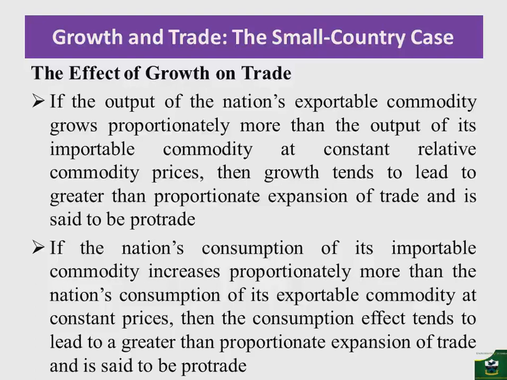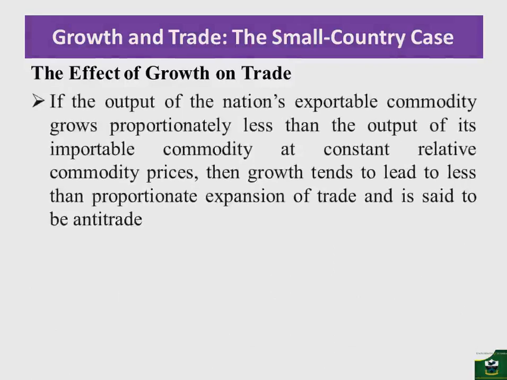So therefore, the rest has to be exported. Now, given that the consumption of the exportable commodity is low and therefore many units are exported, and given that the consumption of the importable commodity is high and therefore more units are imported, then the volumes of trade tend to improve. And therefore, such growth is said to be pro-trade.